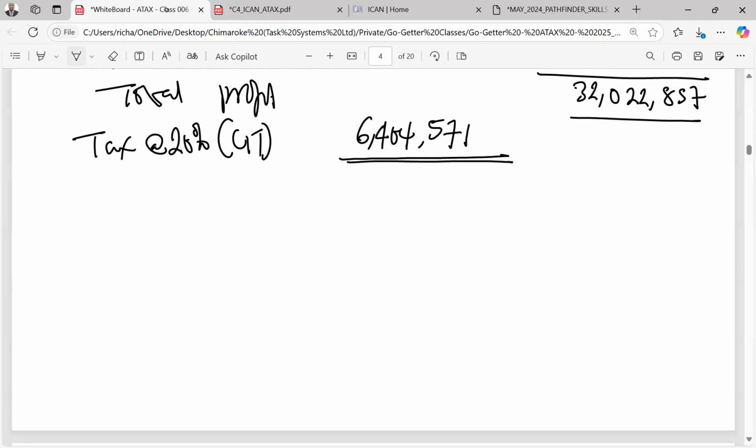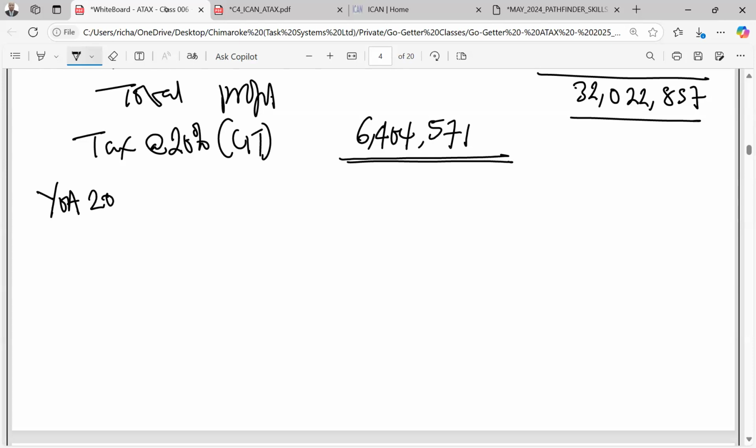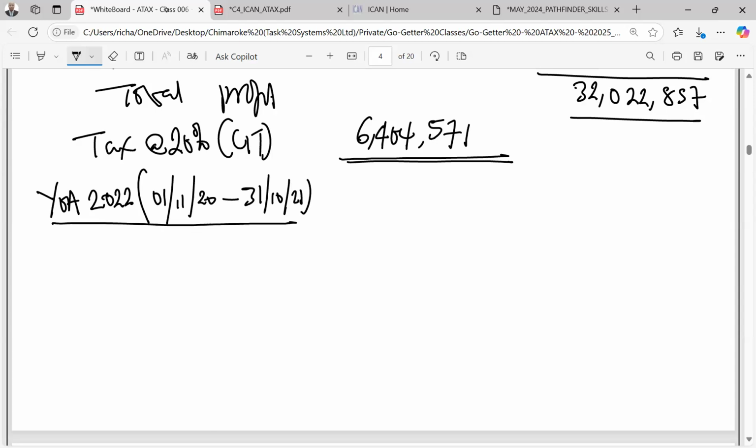Then for year of assessment 2022, which is going to be from November 1, 2020 to 31st October 2021, we have our assessable profit.